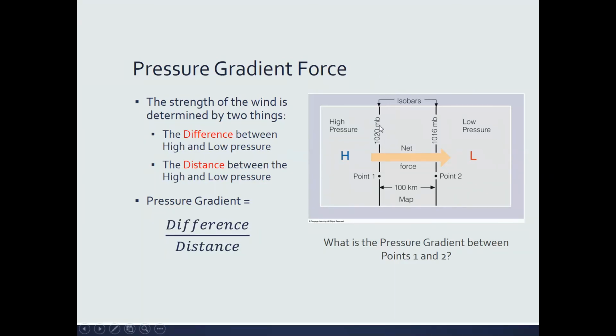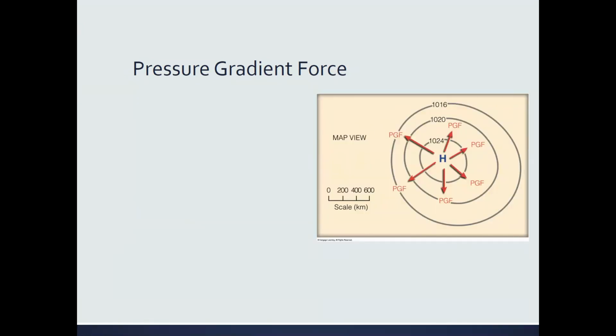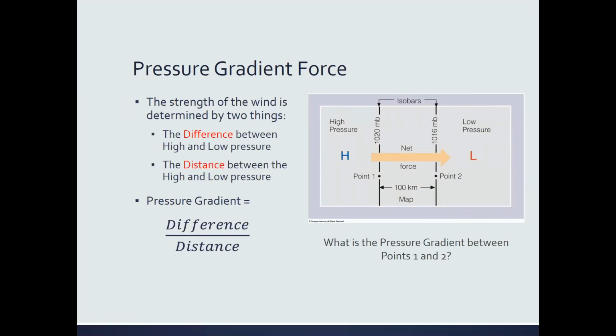So, the difference between these 2 isobars is 4 millibars. The distance between these 2 isobars is 100 kilometers. So all we would do is take 4 millibars and divide it by 100 kilometers. And that is our pressure gradient.